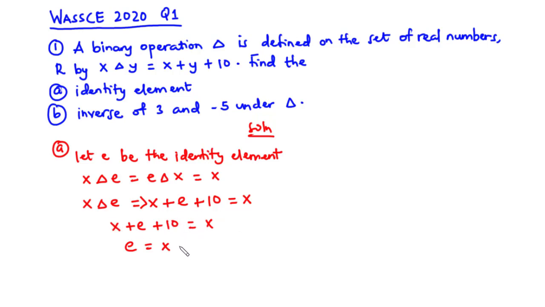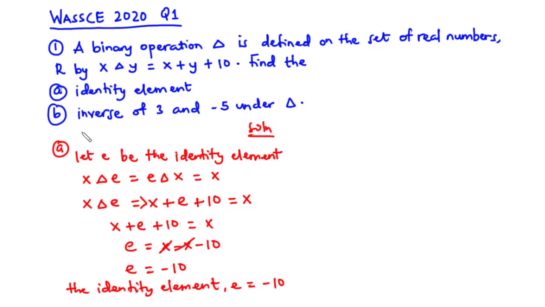So it becomes x minus x minus 10. x minus x is 0, and then we are left with negative 10. So the value of e, which is the identity element, is equal to negative 10.